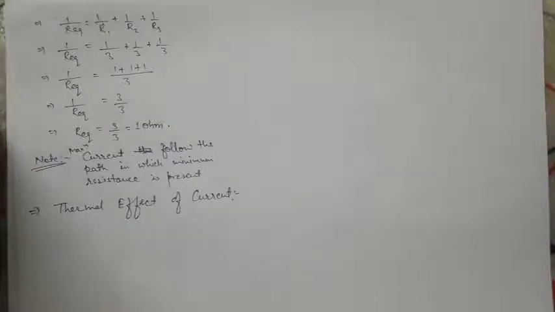We all know that in a conductor or a semiconductor there are some moving electrons and some atoms or ions present. When we apply a battery source across the conductor, the electrons move in a preferred manner.